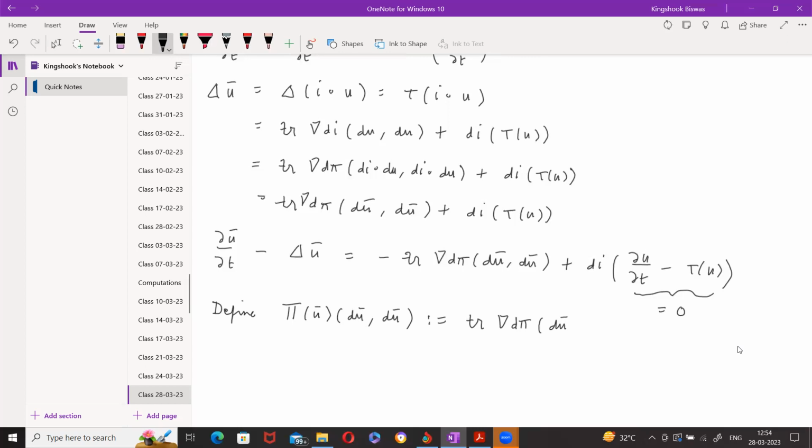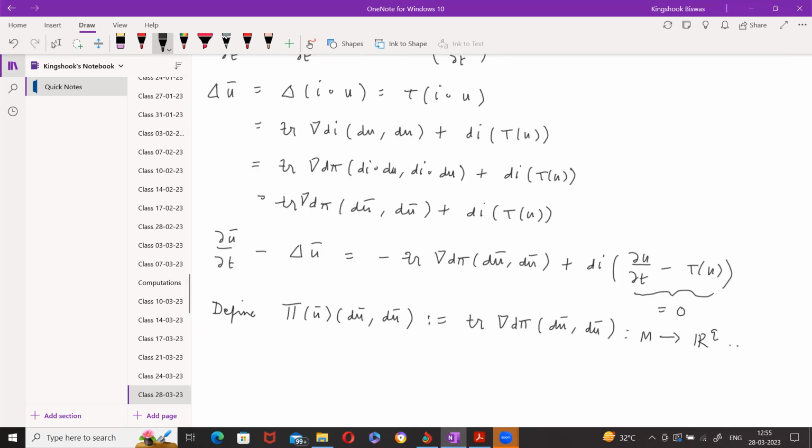Define this to be trace of nabla d pi of du bar. Okay. So what is this thing? This pi u bar is a map from M into R cube.